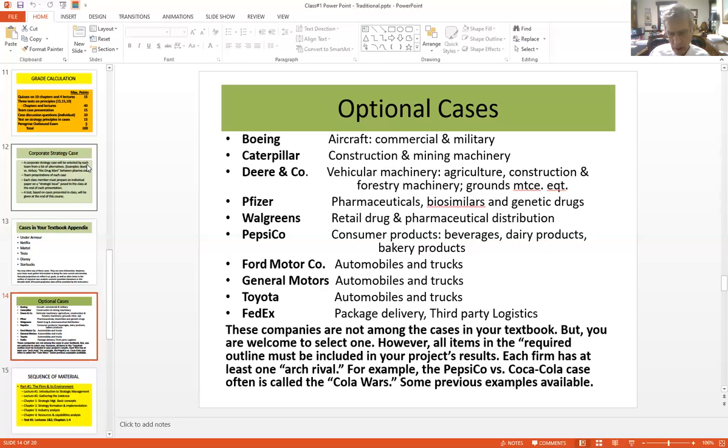But some of us are more interested in industrial corporations, and this is a list of 10 for which I have good material, and you are welcome to choose one of these 10 companies as well.